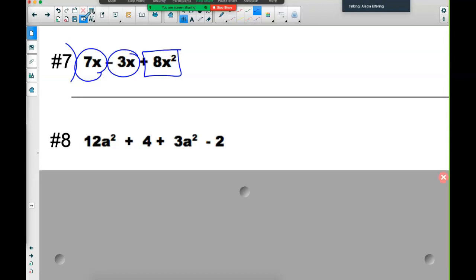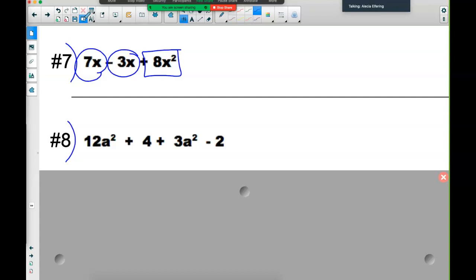Okay, write this one in your notes. 12a to the second power plus 4 plus 3a to the second power minus 2. 12a to the second power plus 4 plus 3a to the second power minus 2.